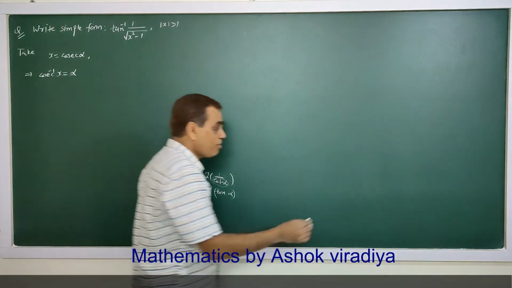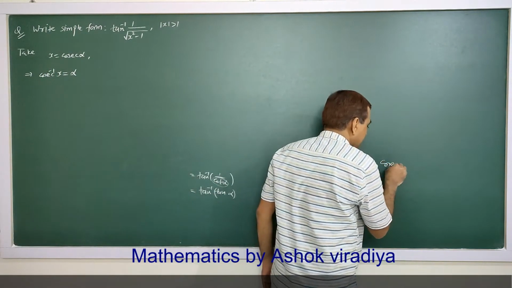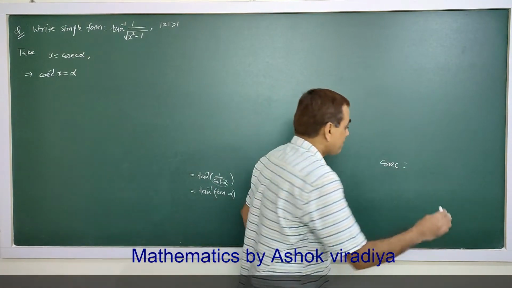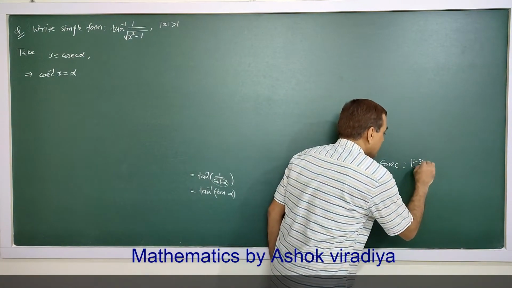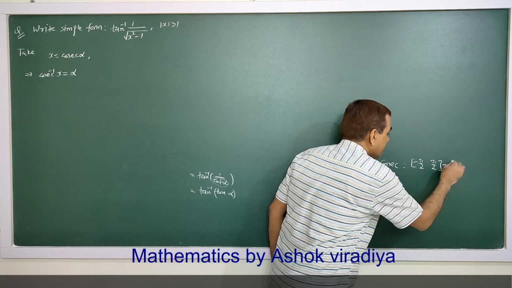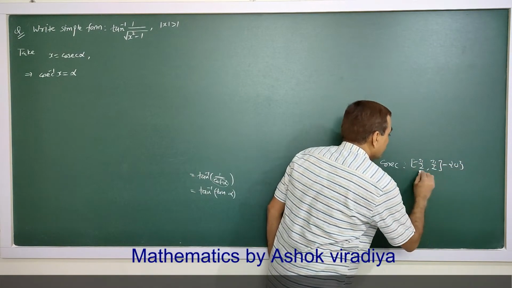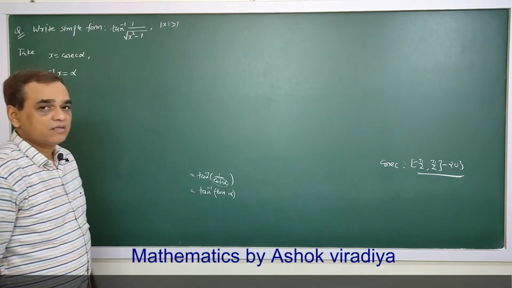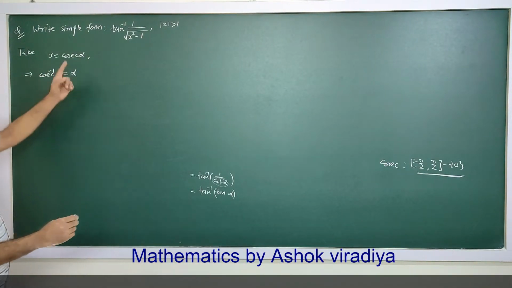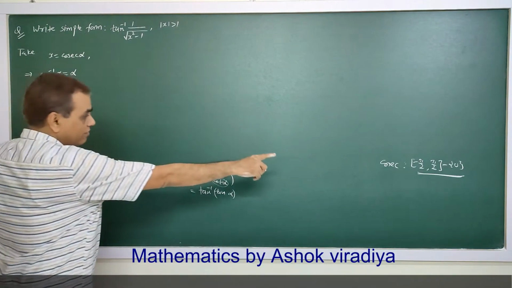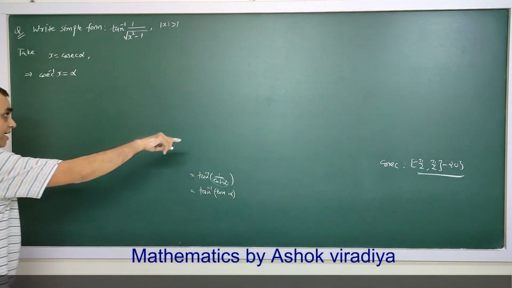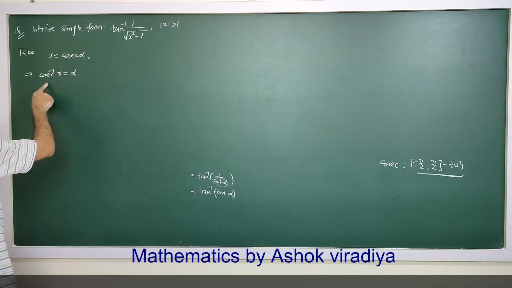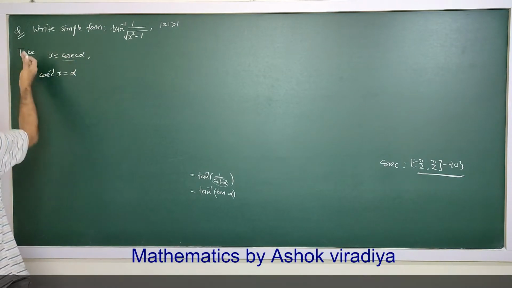And what is the domain of cosec? The restricted domain of cosec is the closed interval minus pi by 2 to pi by 2 except 0. This is the domain of cosec. So if we can show alpha belongs to the domain of cosec, then x equal to cosec alpha implies cosec inverse, meaning this cosec can be shifted on this side.